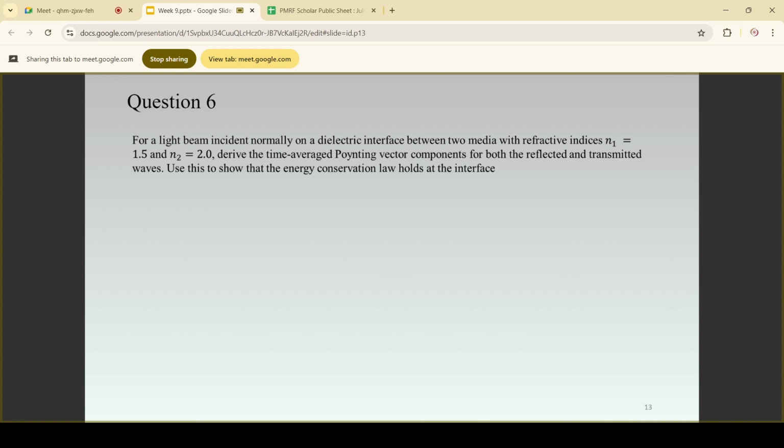It comes around 0.0204, converted to percentage value, about 2.2%. The transmittance will be 4 into 1.5 into 2 over 3.5 squared.